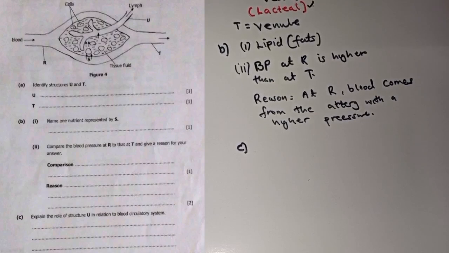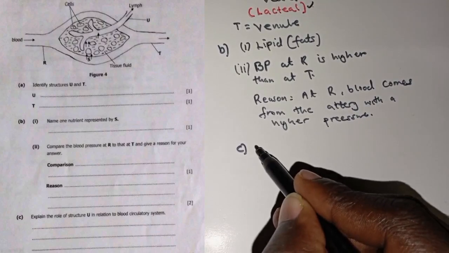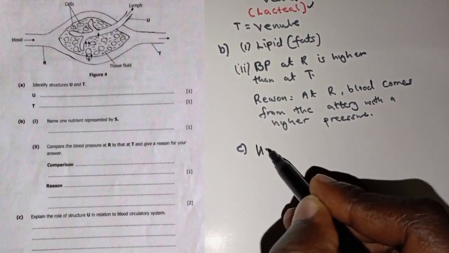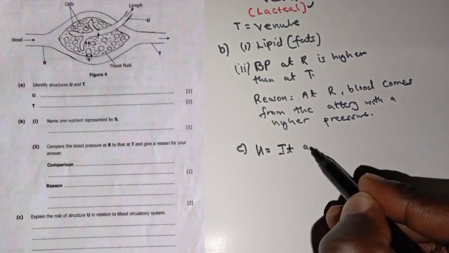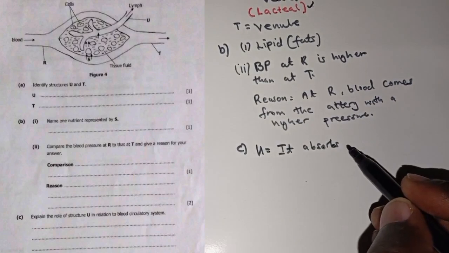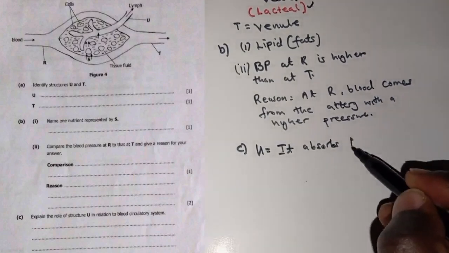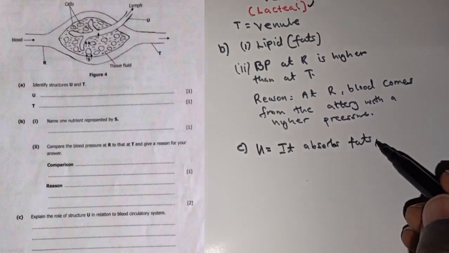It absorbs these lipids, we've already mentioned that. So you can say U, we know what U is, the lymphatic vessel, it absorbs fats. That is one role that it plays.